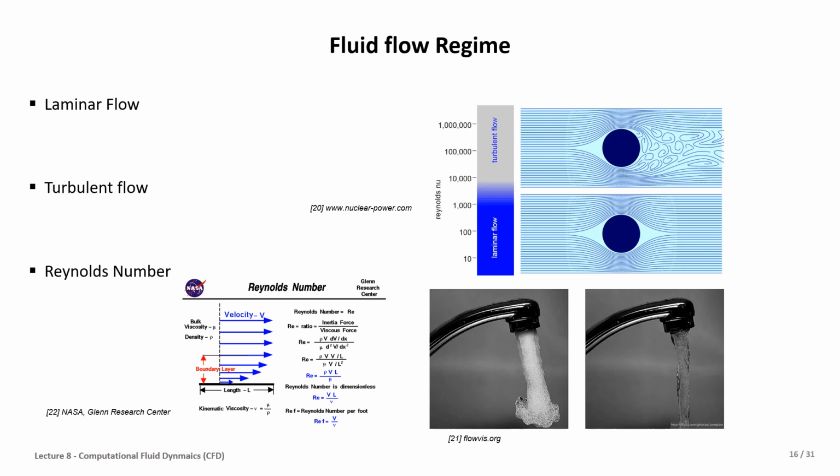The upper one is turbulent flow, and the second one is laminar. When the flow in the laminar regime passes a cylinder, it is symmetric around this object, and it's very easy to follow or maybe predict the flow.